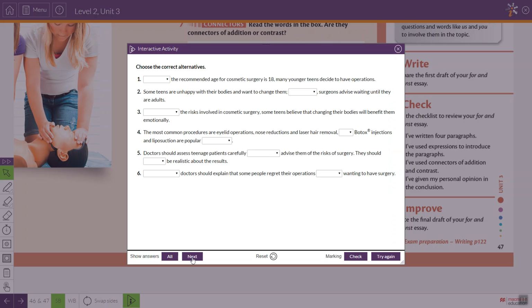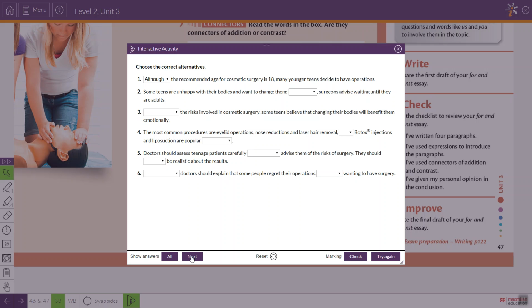Okay, so you should have time to read, but I'm going to give you the answers. Well, since you had to do this on Monday, then I suppose that the only thing you have to do is just check. Okay. Although the recommended age for cosmetic surgery is 18, many younger teens decide to have operations. Some teens are unhappy with their bodies and want to change them.